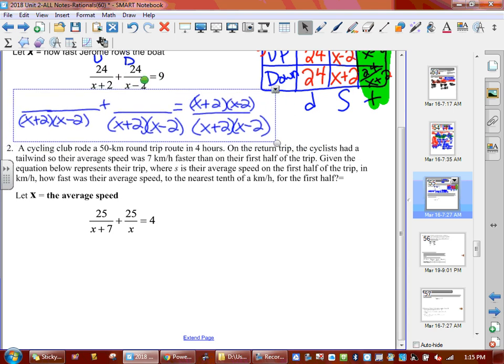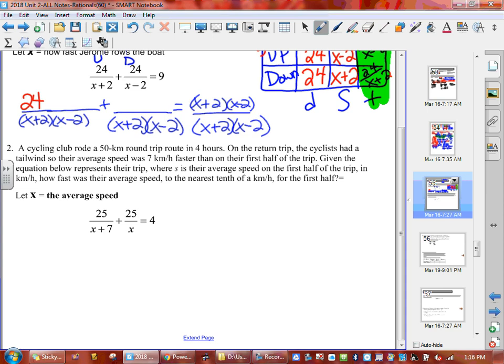Okay, so that's what we get. Now we're going to put the numbers up there that they gave us. So they gave us a 24, a 24, and a 9. Now we've got to figure out what is missing on the top of each. What's missing on the top of the first one? x minus 2.